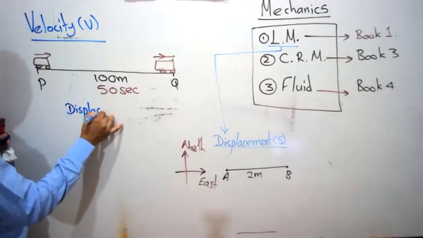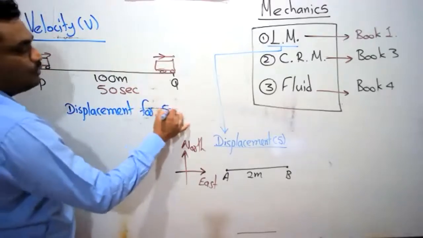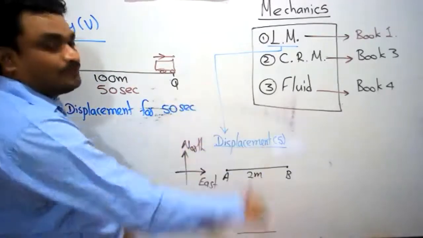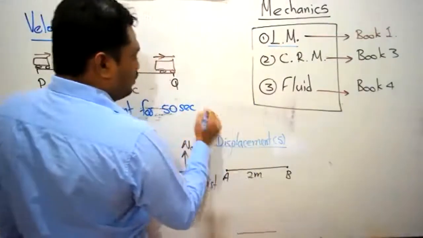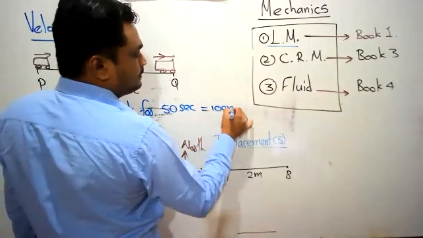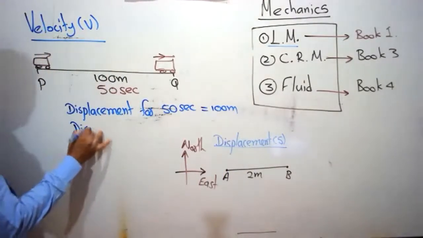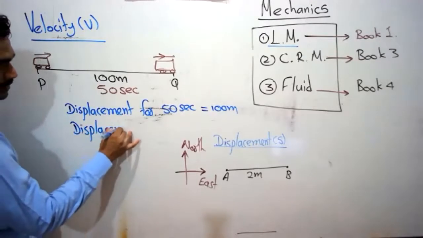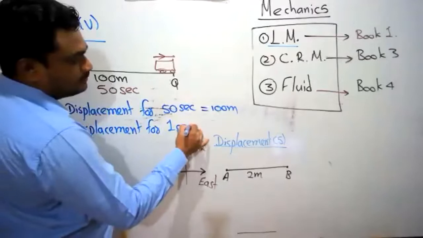Displacement for 50 seconds is 100 meters. Then what should be the displacement for 1 second?